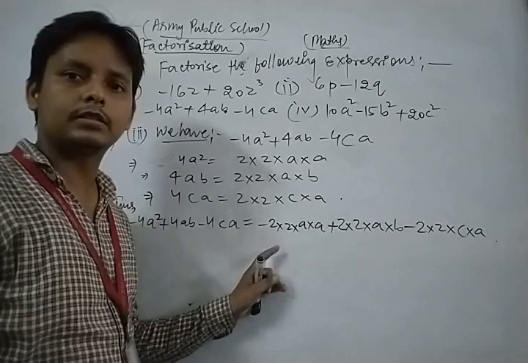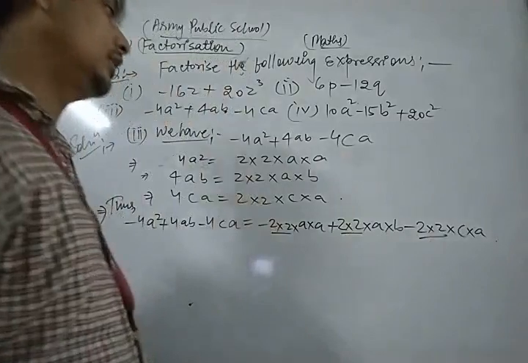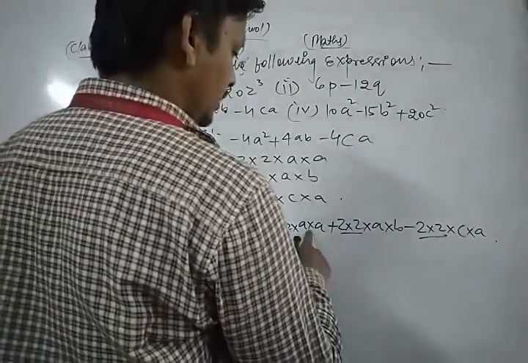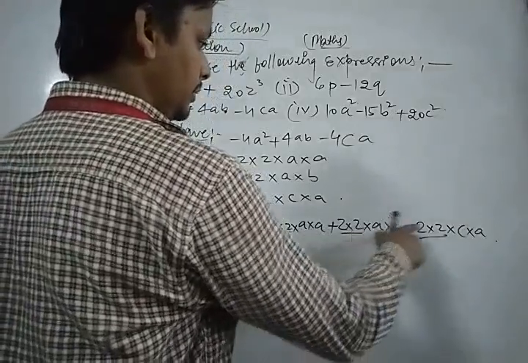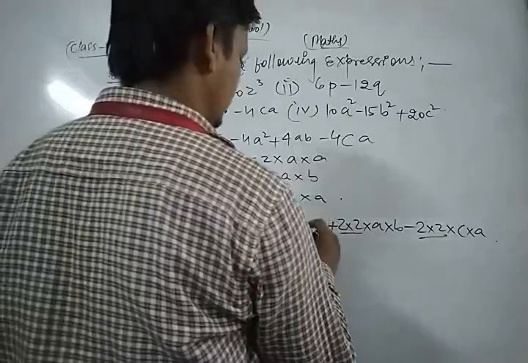Now look, 2 into 2 is common in all three terms, and a is also common in each term.